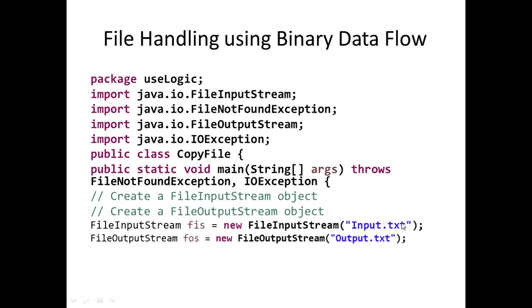Remember, this input.txt is there in the source folder of the Project Explorer. FileOutputStream is instantiated using the output file name. If these two files are not found at the appropriate path, you will get a FileNotFoundException. That's why that has been incorporated in the throws clause.